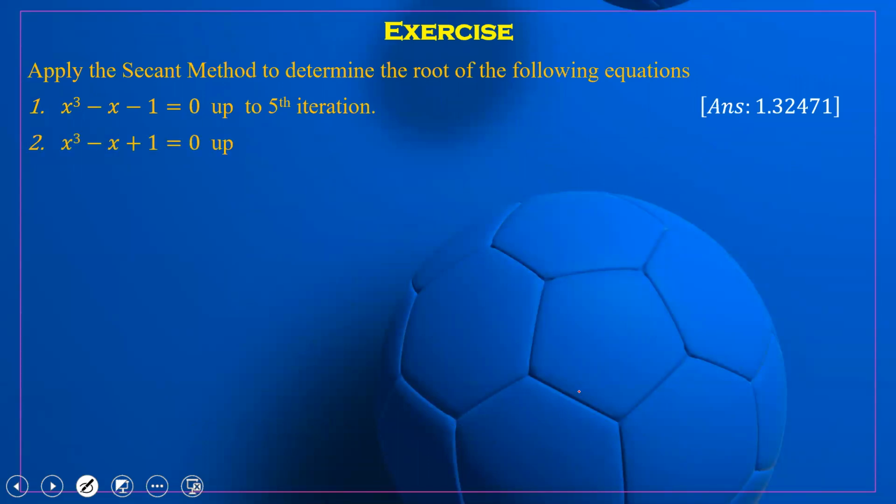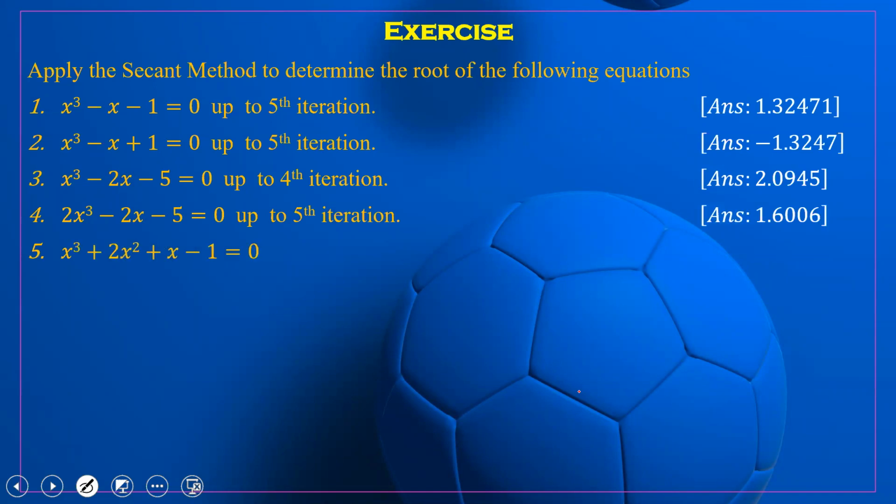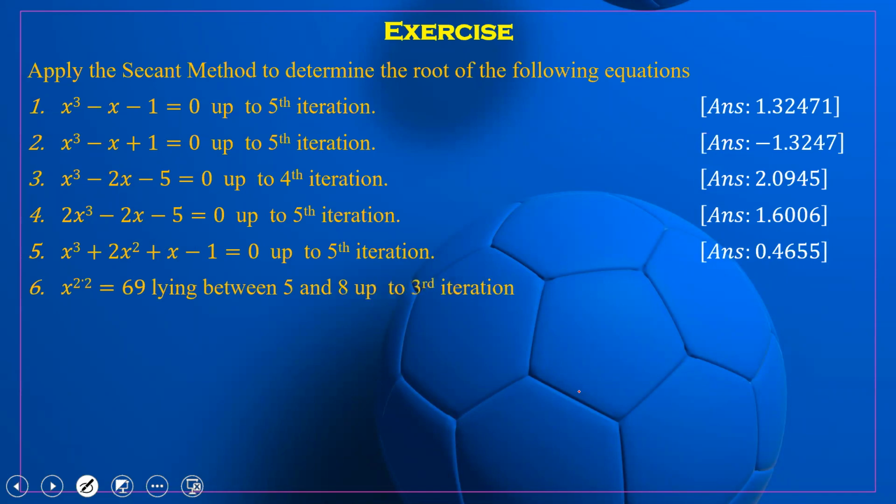Similarly, x cube minus x plus 1 equal to 0 up to 5th iteration. x cube minus 2x minus 5 equal to 0 up to 4th iteration. 2x cube minus 2x minus 5 equal to 0 up to 5th iteration. x cube plus 2x square plus x minus 1 equal to 0 up to 5th iteration. x to the power 2.2 is equal to 69, root lying between 5 and 8, up to 3rd iteration.